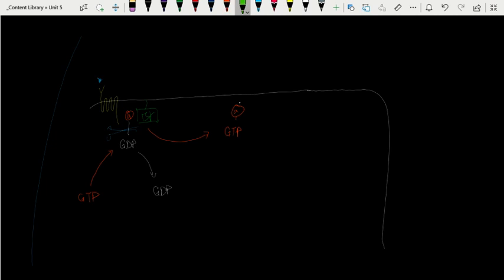And in this scenario, the protein that's activated is a protein called phospholipase C.